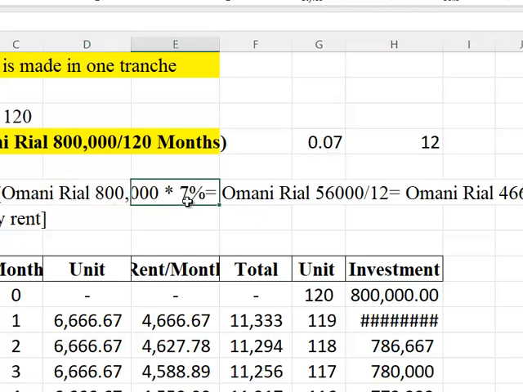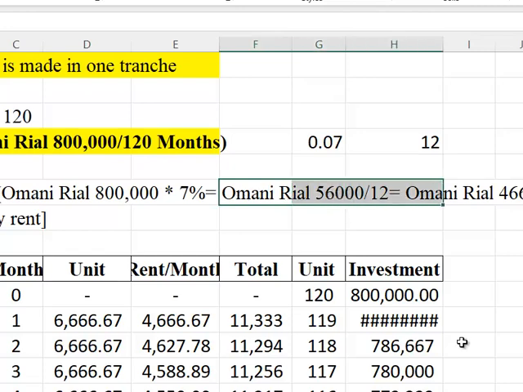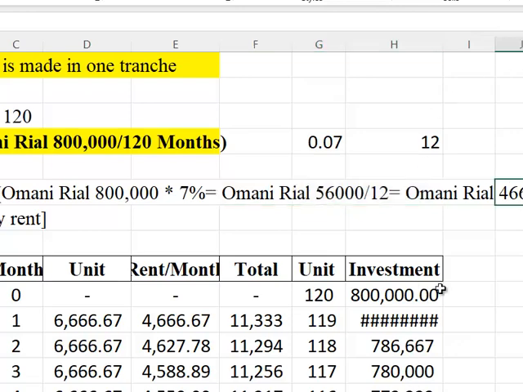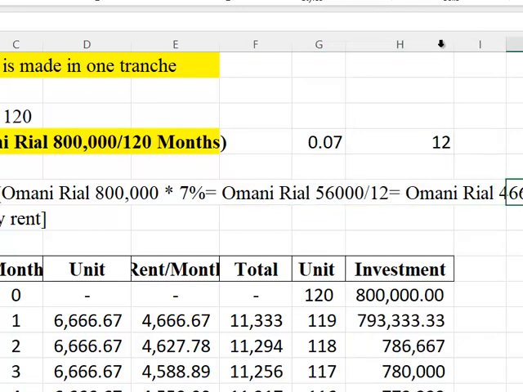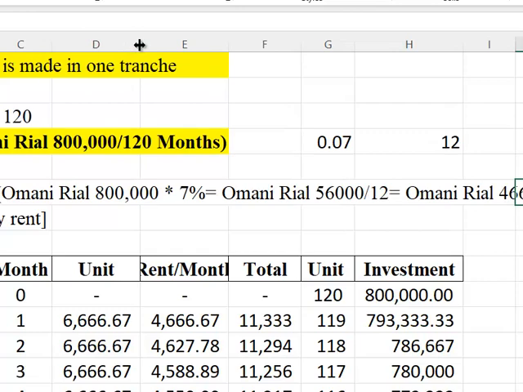So 7% of 800,000, which is the bank share initially, gives us 56,000 and this will be the annual rent. So we need to divide it by 12 to get the monthly rent, which comes to 4,666.